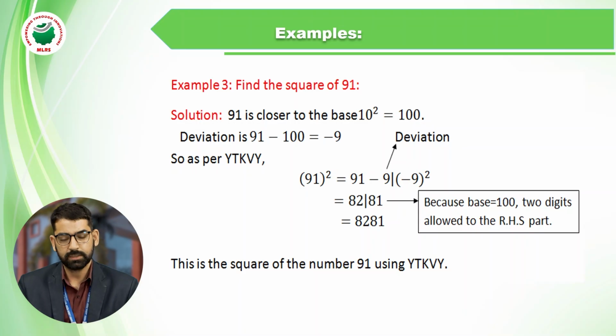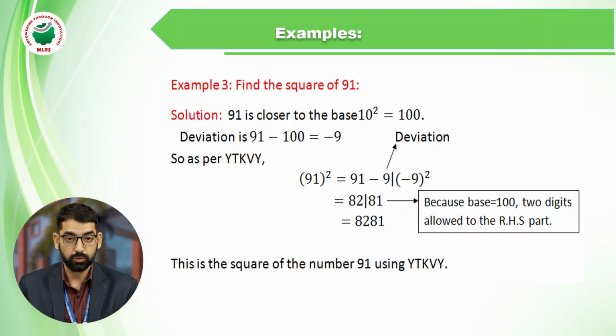So 91 minus 9 is 82, and minus 9 square is 81. So base has 2 zeros. That means to the right hand side of the separator we have a 2-digit number, so there is no problem. When we remove the separator, the answer is 8281, which is the square of the number.